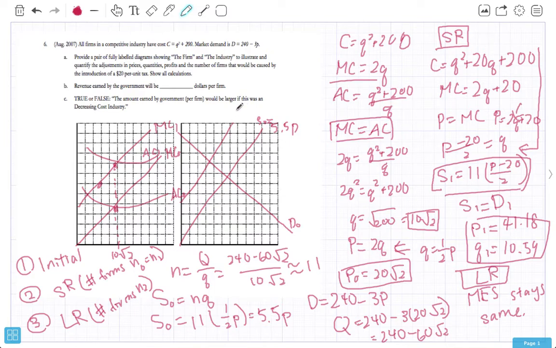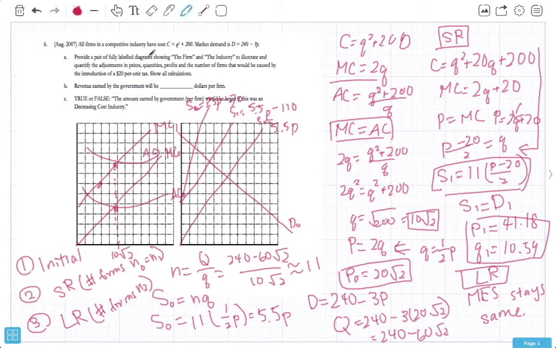So you would have S1 equals, you should end up getting 5.5p minus 110. And then you should have a new long run supply curve after recalculating the number of firms. You should have S2 equals 3.5p minus 70. But yeah, reconfirm your answers after doing this on your own.